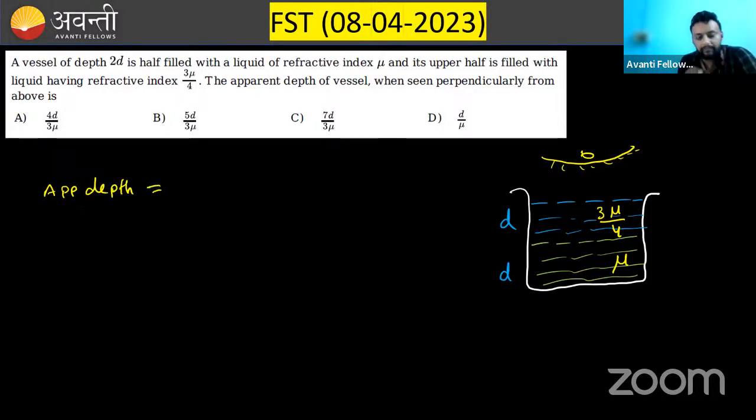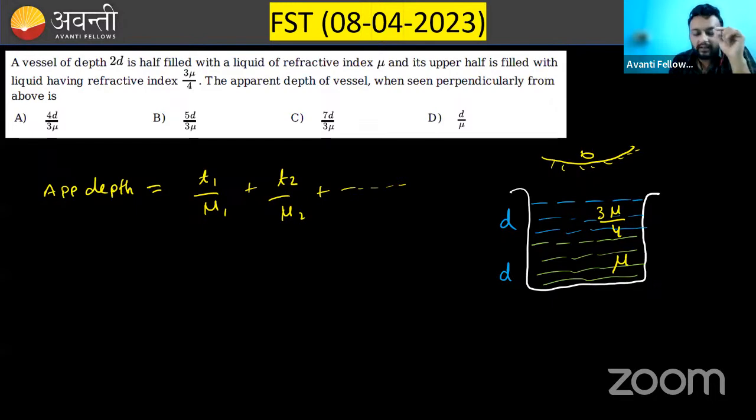Now remember this formula. In the previous class, I have not discussed this. I have discussed only one layer. Now whenever there are two layers, the actual formula will become T1 by mu1 plus T2 by mu2 plus so on.